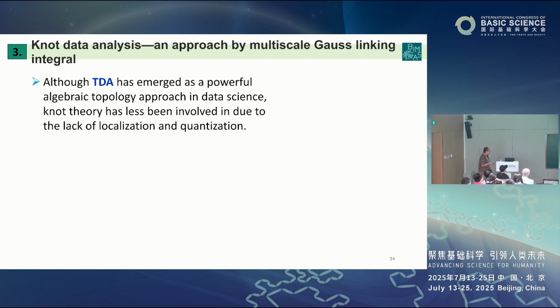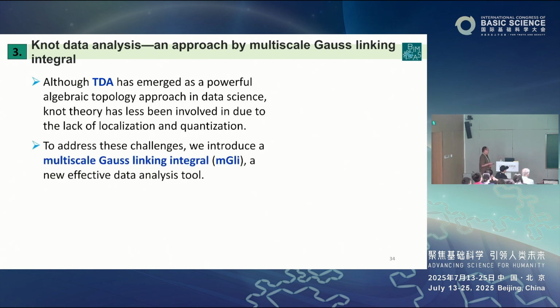Although TDA has emerged as a powerful algebraic topology approach in data science, knot theory has been less involved due to the lack of localization and coordinations. To address these challenges, we introduce the multiple-scale Gauss linking integral, a new effective data analysis tool.